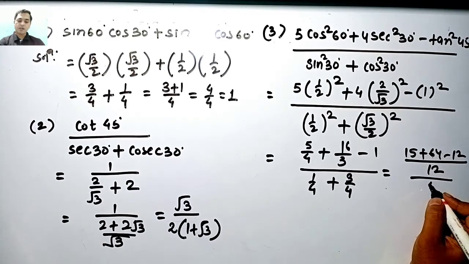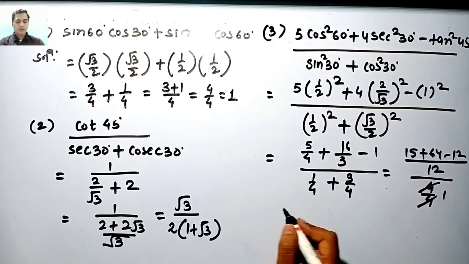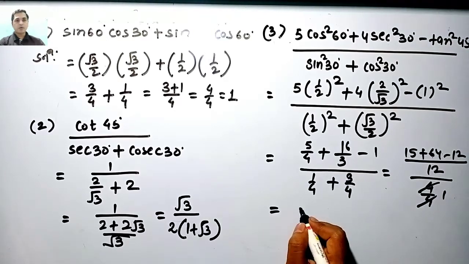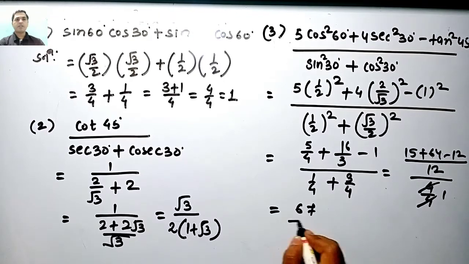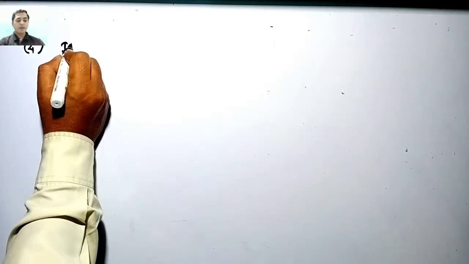In the denominator, the terms are the same, so 1 plus 3 is 4, 4 will be cancelled, so finally we are getting 1. So by simplifying these things we are getting 67 divided by 12, right students? Because we know that 15 plus 64 minus 12 will be 67, divided by 12. Okay, now moving to the next question.